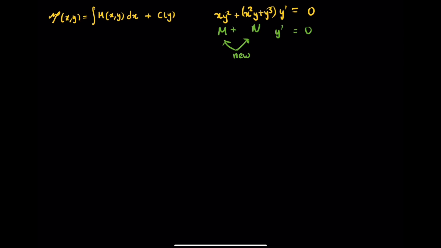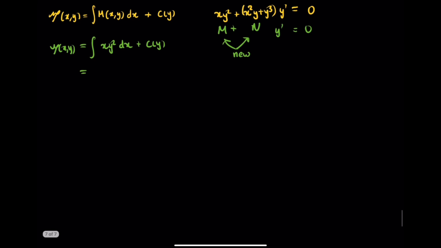So now what we have to do is take the integral of xy squared dx plus c(y), and that's equivalent to psi. And then this would be 1/2 x squared y squared plus c(y), and that's psi(x,y). Now remember that N was psi with respect to y.